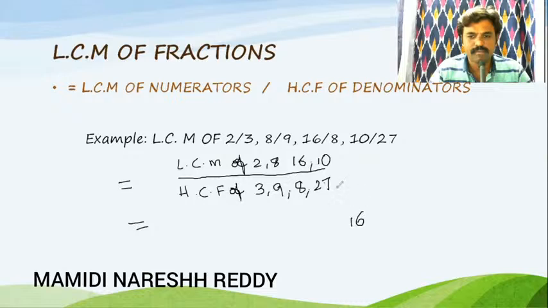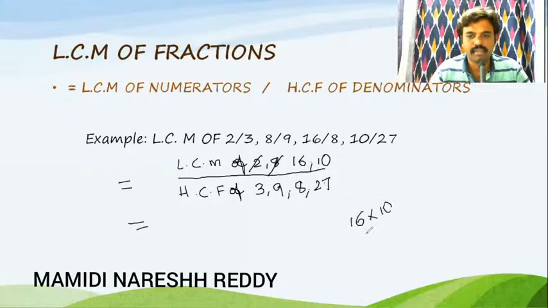For the remaining numbers, we need to check whether they are factors of it, or whether 16 is a multiple of all the other numbers. If you see, 2 is a factor of 16, so I'm cutting down this 2, and 8 is also a factor, so I'm cutting it down. And 10 is not a factor of 16, so here 10 is the remainder.